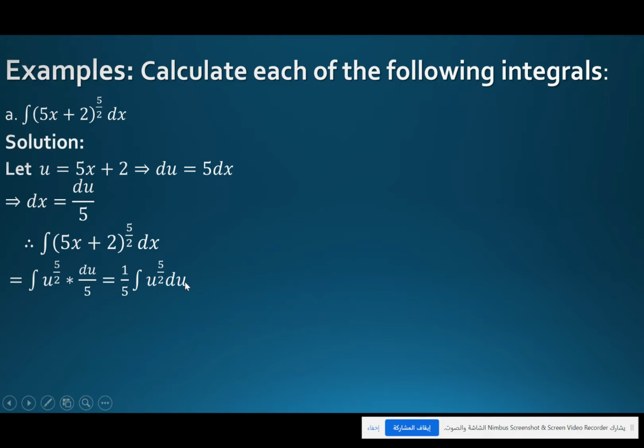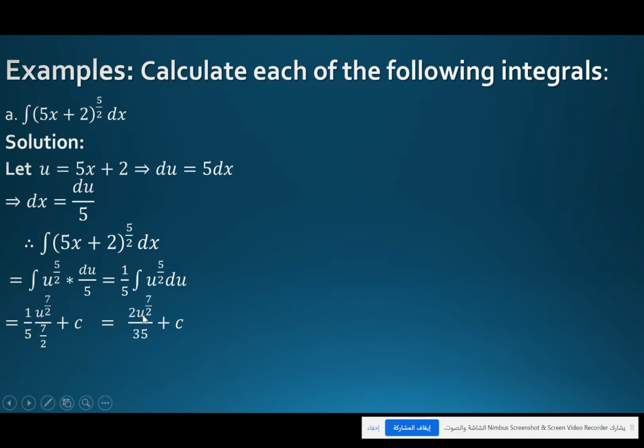According to rule number 1, if you have a function to a power and its derivative beside it, add 1 to the power and divide by the result. So by adding 5 over 2 plus 1, 5 plus 2 is 7 over the denominator 2. Whatever you get, divide by it. You can flip this 2 from down to up and make it 2 over 5. This 5 you can multiply by 7 to get 35.